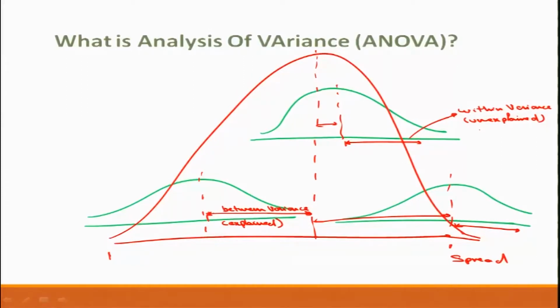So, we call this error. If you recall, we had SS between and SS error in our regression.